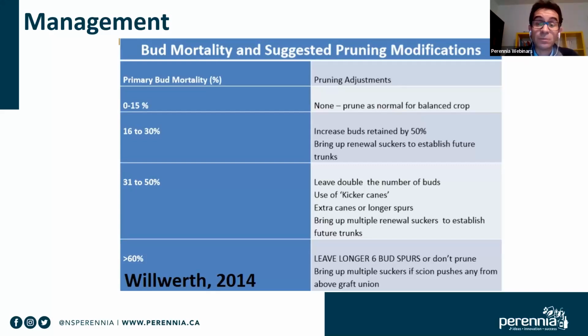If the damage is more than 60%, leave longer 6-bud spurs or definitely don't prune. The idea is to bring up multiple suckers of scion bushes, any from above the graft union. The idea is to have multiple options and to be sure that the plant is healthy, and if we have issues or damage on the trunk, we're able to reestablish the plant.